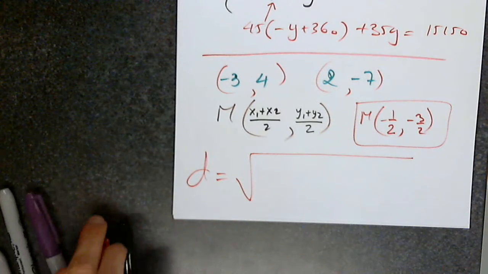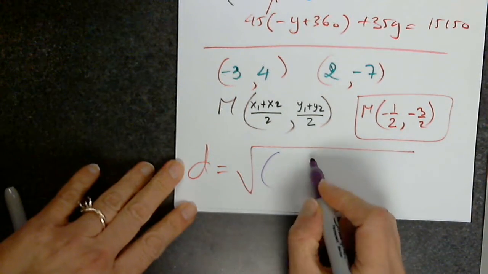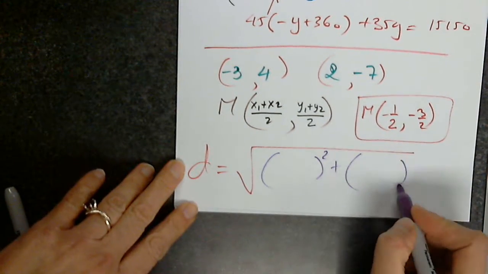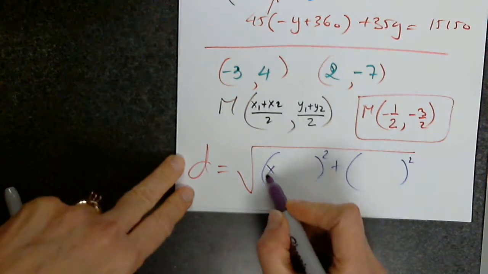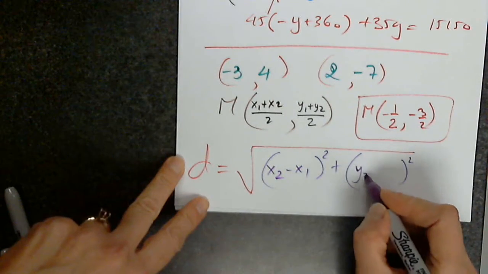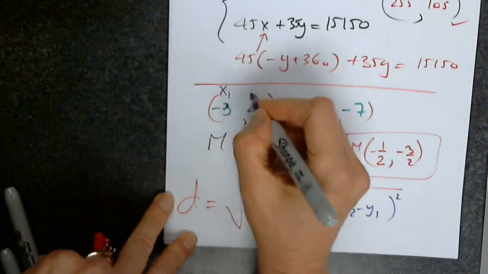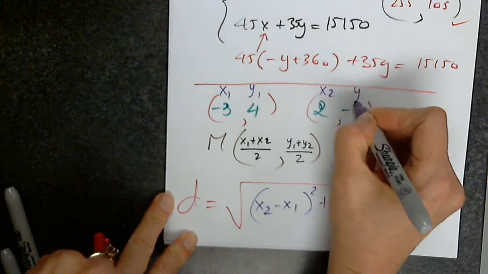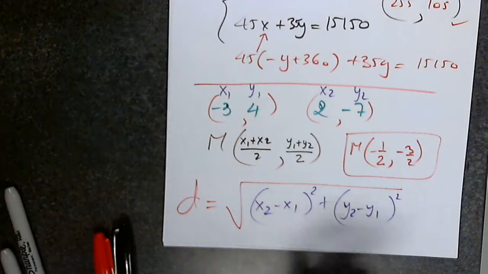What is the formula for the distance? x1, very good, squared plus the same thing. So carefully identify this x1, y1, and this is x2, y2, and put them under the formula and then plug them in.